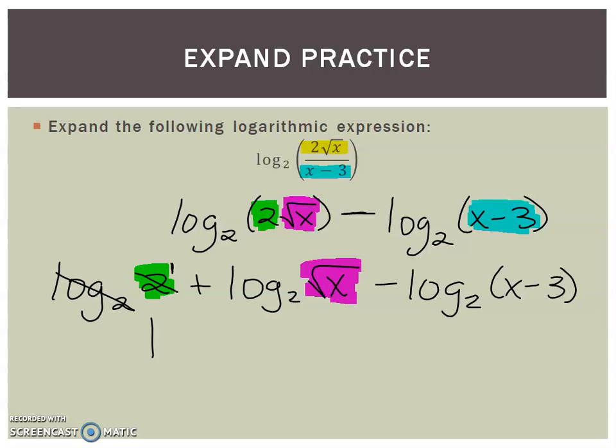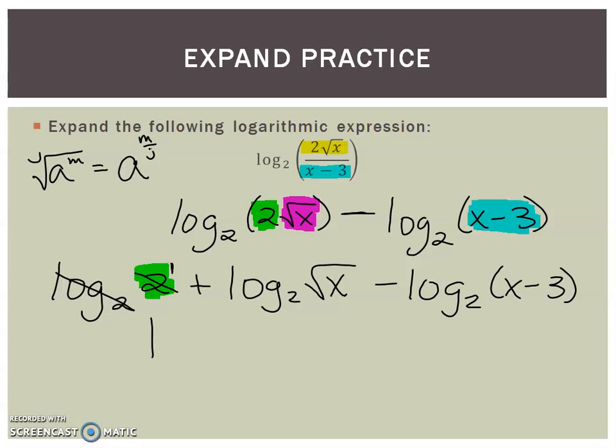Another trick that you need to be prepared for is dealing with this square root here, because we know how to write square roots as exponents. If we remember back to our jam rule, we can write them as fractions in our exponents.